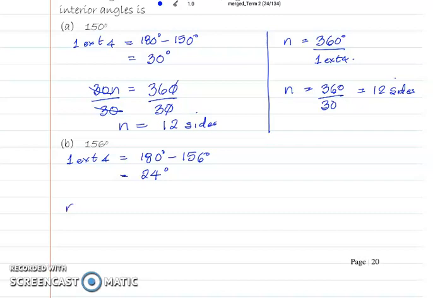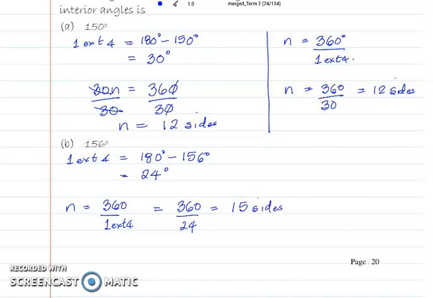So n, the number of sides, is equal to 360 divided by one exterior angle, which is 360 divided by 24, and this is equal to 15 sides.